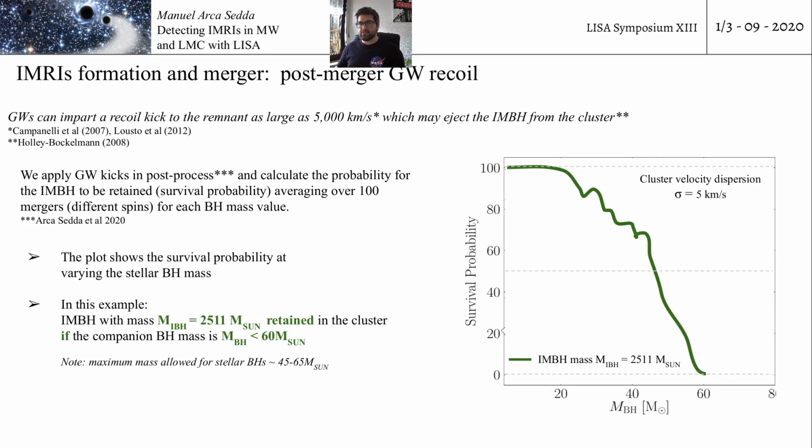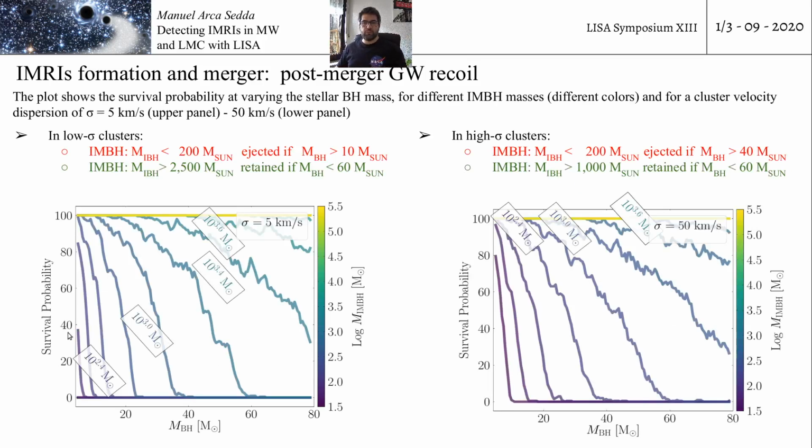If we want to enlarge the picture a bit, we can do the same kind of analysis for different lines, namely different values of the IMBH mass, and different panels, namely different values of the velocity dispersion of the clusters.